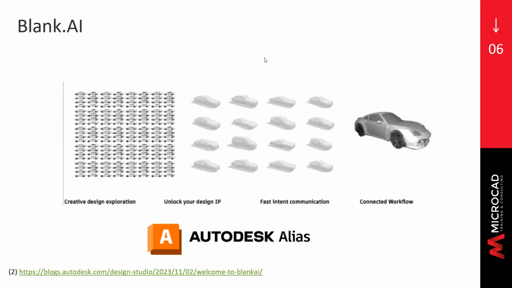For example, in Autodesk Alias, that is for automotive design, you can set some input requirements for the car that you're trying to produce or design, and Autodesk can search all the solutions that have been found that include those requirements, okay? And it can produce a certain design based on those parameters, all right?